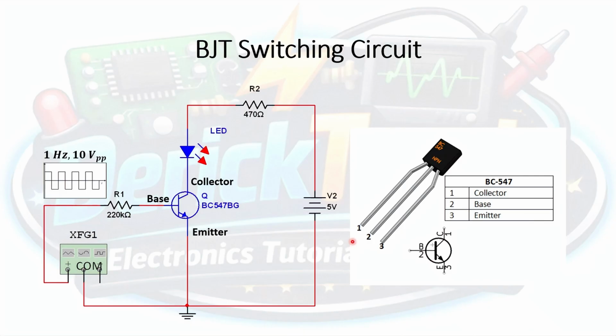The leftmost pin is pin number 1, the middle pin is pin number 2, and the rightmost pin is pin number 3. And for the BC547, the pinout diagram is as follows. Pin 1 is the collector, pin 2 is the base, and pin 3 is the emitter.